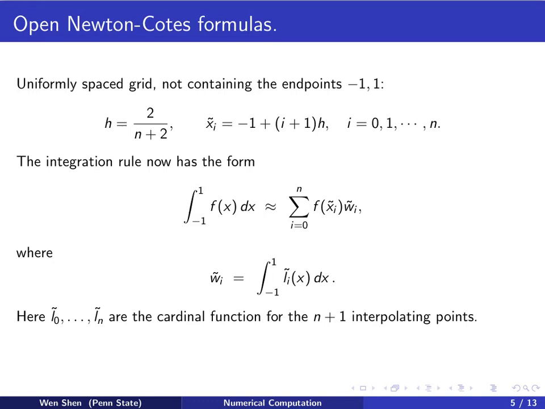So here the li tildes for i from 0 to n are a set of cardinal functions taking the nodes x0, x1, all the way to xn. And again, one can easily verify the degree of precision here will be at least n. We would like to comment that the open Newton-Cotes formulas are not as commonly used as the closed ones.